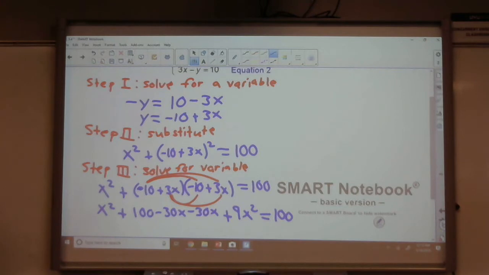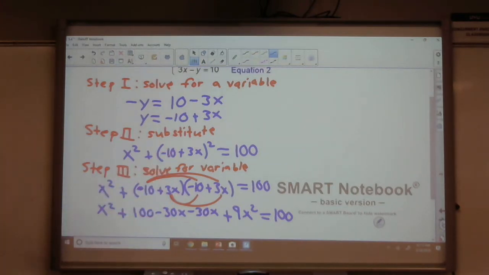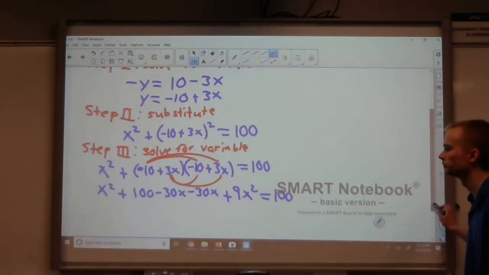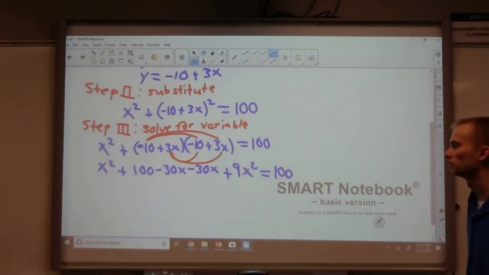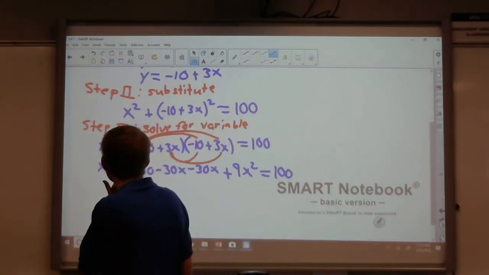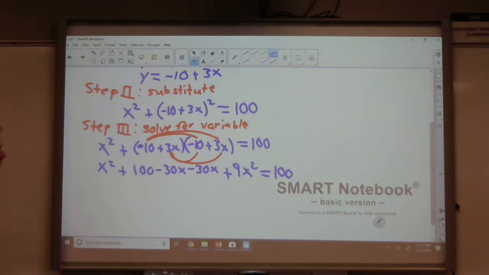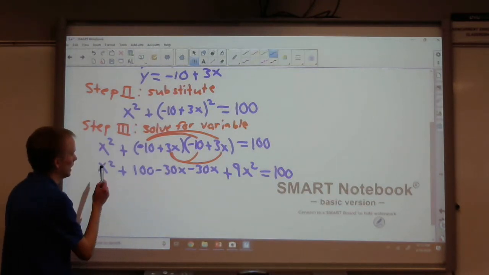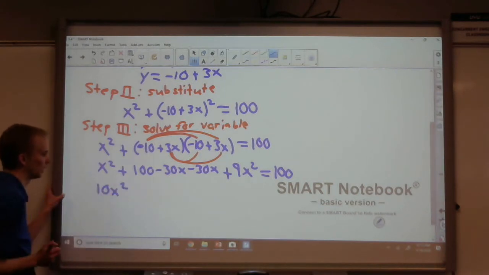Okay? So I'm just multiplying this out so that I can get an equation to solve for x. So, now what do I do here? Well, we can simplify things a little bit, right? I have an x squared and a 9x squared, so that's going to give me 10x squared.